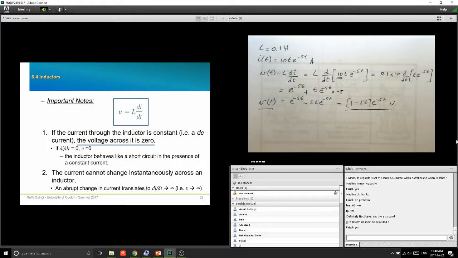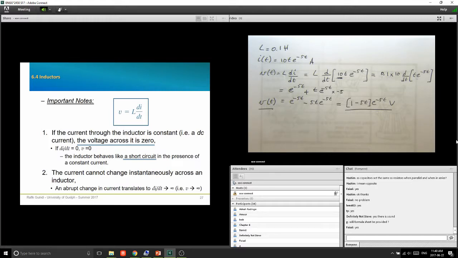So i of t was equal to 10t e to the minus 5t. So the current is a function of time, and therefore you can find di/dt for that, and you can find the voltage. But if your current is a constant, then your inductor is not going to produce any voltage across it, and v is equal to 0.